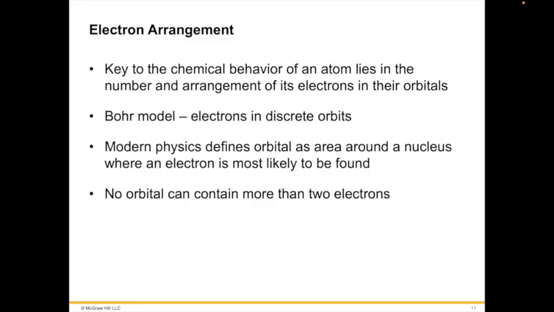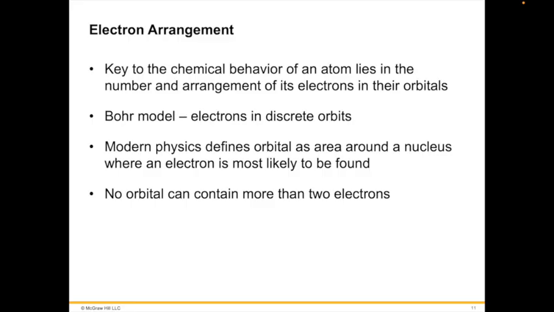Modern physics indicates that we cannot pinpoint the position of any individual electron at any given time. In fact, an electron could be anywhere, from close to the nucleus to infinitely far away from it. A particular electron, however, is more likely to be in some areas than others. An orbital is defined as the area around a nucleus where an electron is most likely to be found.